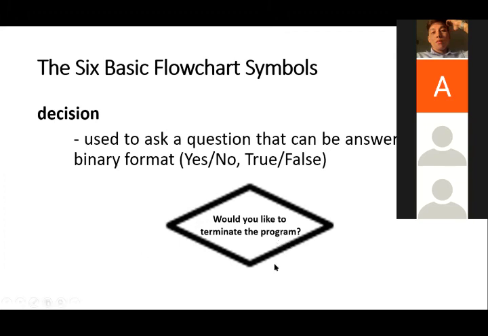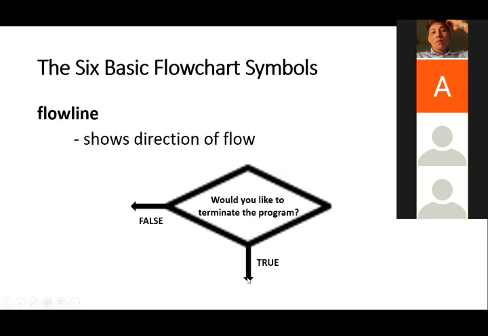Would you like to terminate the program? Is that answerable by yes or no? Yes. So it asks whether you want to terminate the program or you would still like to continue executing it. If yes, what will it do? If no, what will it do?